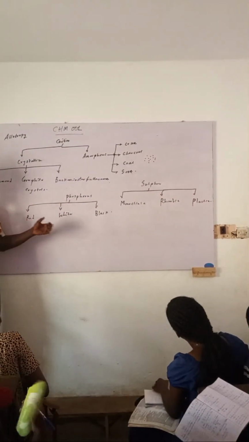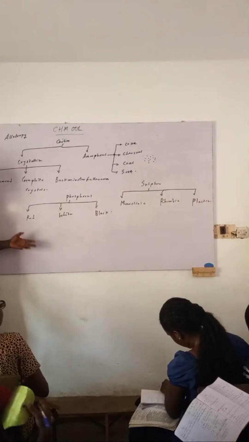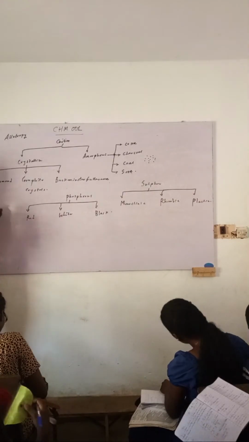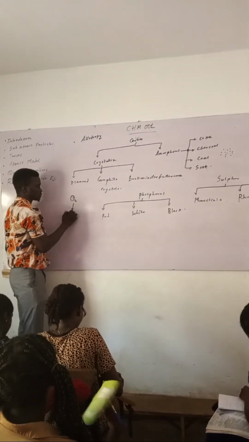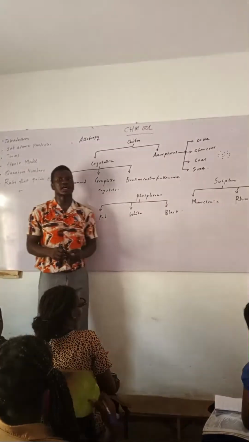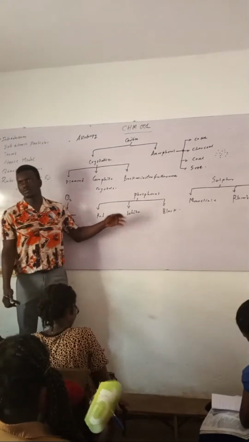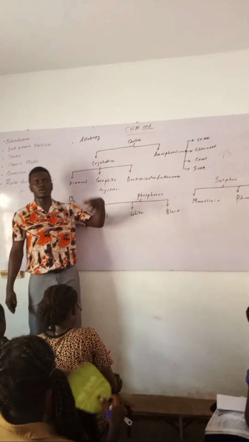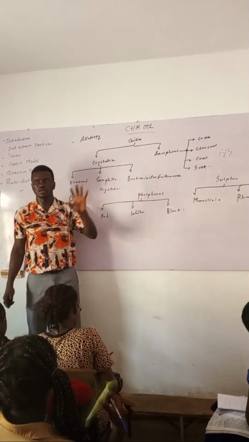You should get used to them. Then we also talk about oxygen, which has ozone. These are examples of allotropes you should note. They will ask you questions on them, and you will learn them under inorganic chemistry.